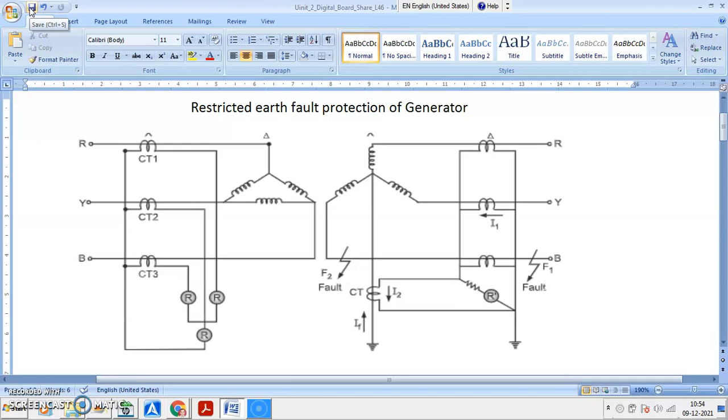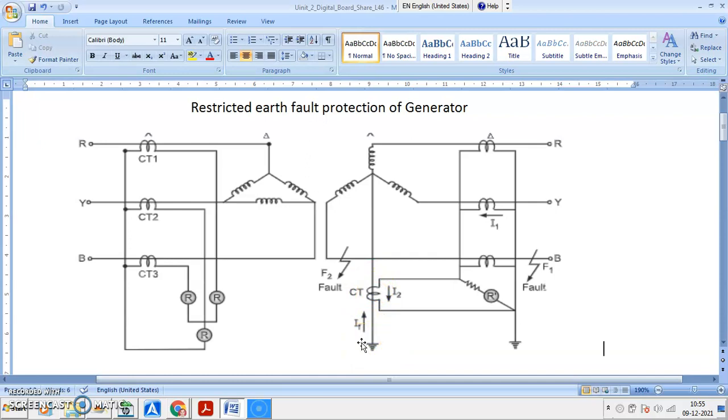you can see in this secondary side phase B, fault F1, fault F2, current flowing through relay I2, ground current IG.